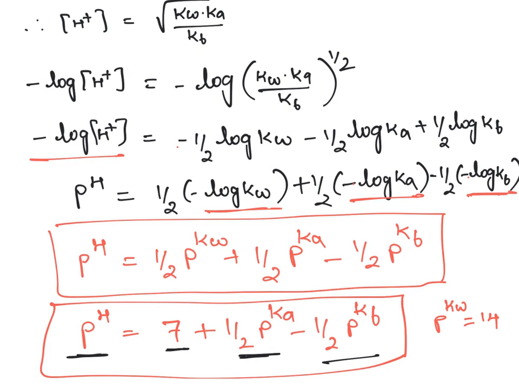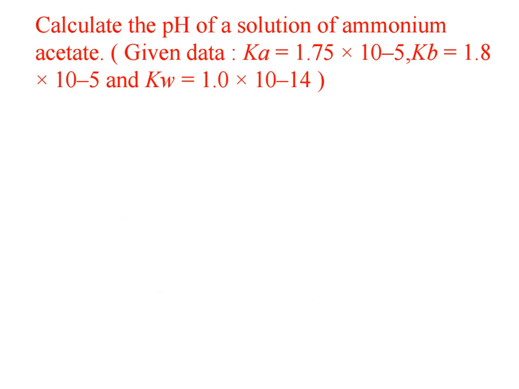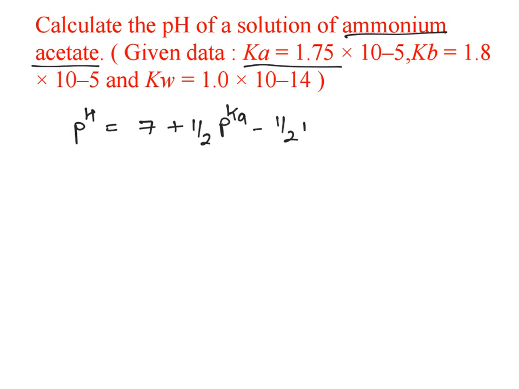Let's take one problem. Calculate the pH of a solution of ammonium acetate. Ammonium acetate is a salt of weak acid and weak base, and they have given the Ka and Kb values. So here pH equals 7 plus 1 by 2 pKa minus 1 by 2 pKb.